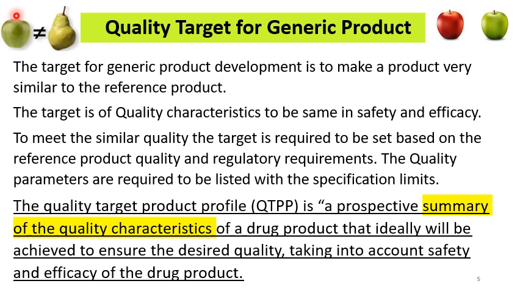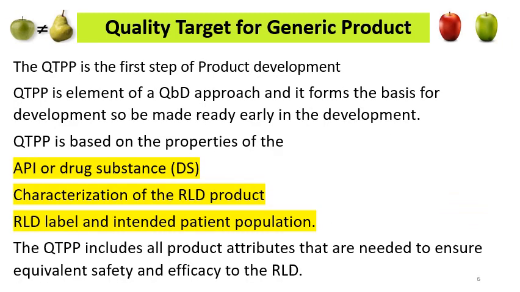So the QTPP in short is a list of quality target product profile, or the summary of quality targets with their limits, and it also enlists whether these are critical or not. So QTPP is designed based on the RLD and the formulation design.